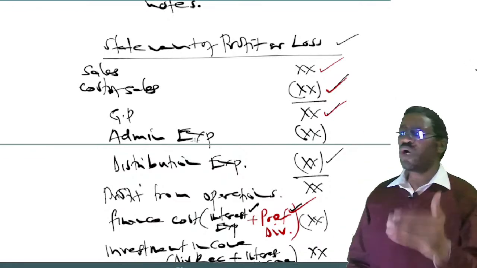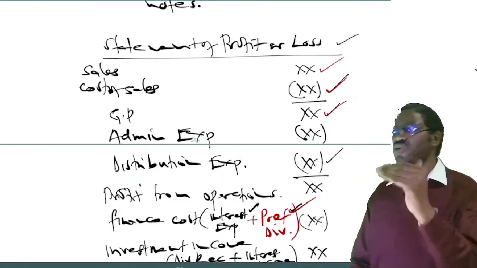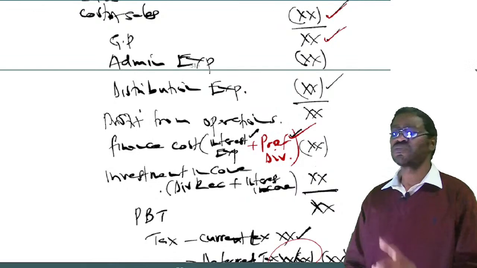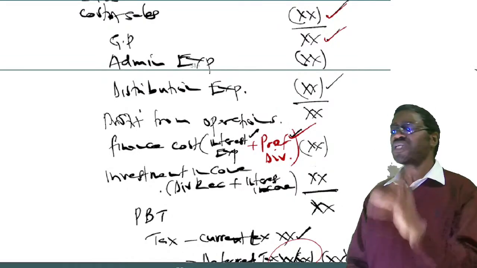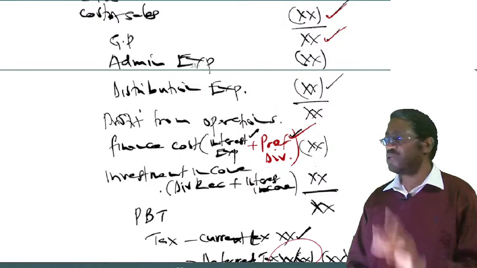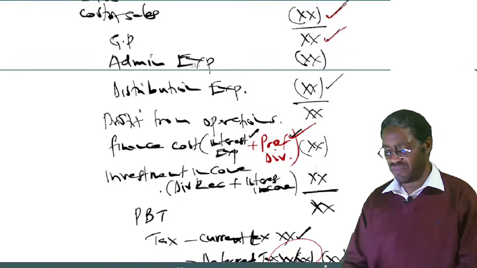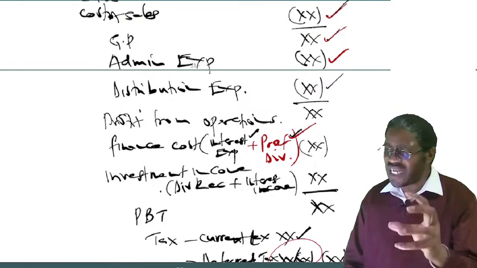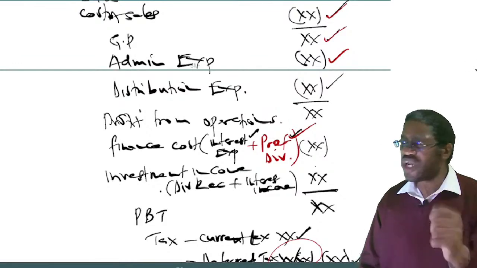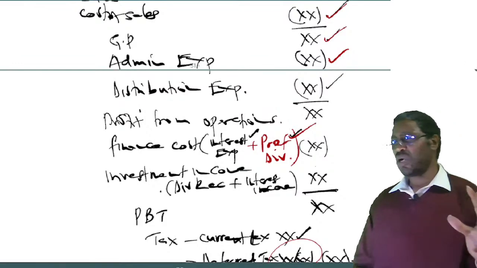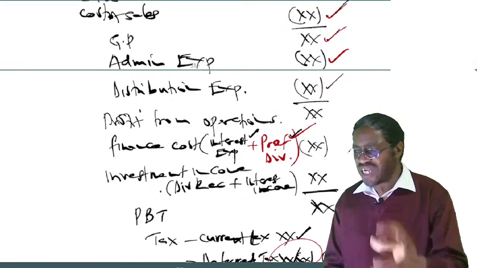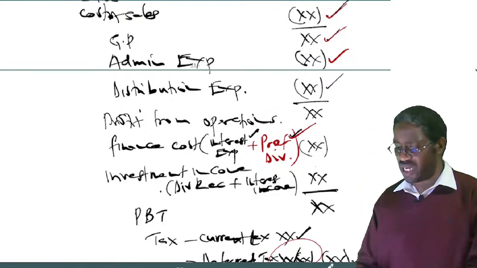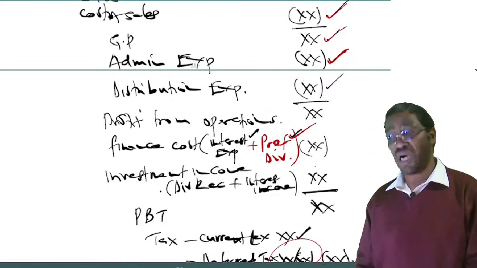Then we said when you are listing the expenses, those expenses should be classified according to their function. I hope you remember. And we said what are the categories of the various functions that may be performed in an organization? One of them is the administration function, where we said, as a company, combine all the expenses that are administrative in nature somewhere as a working, and bring them to the income statement as a single amount.